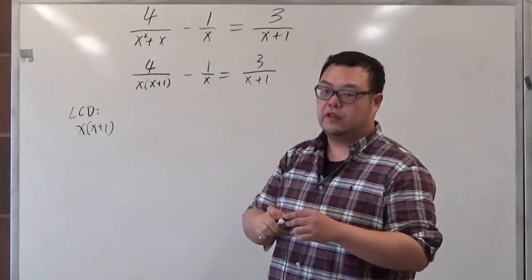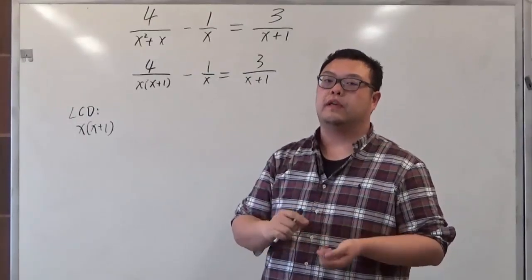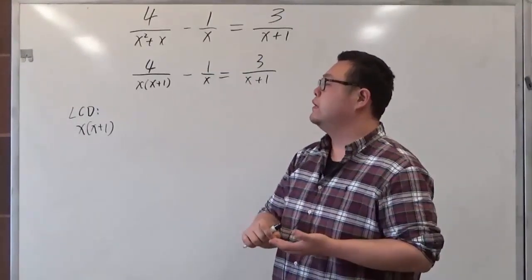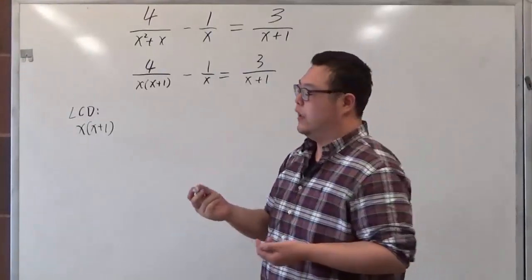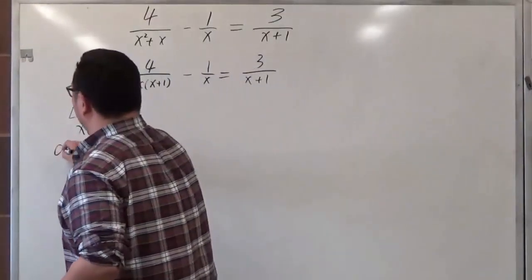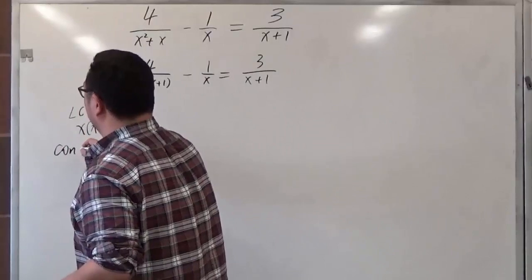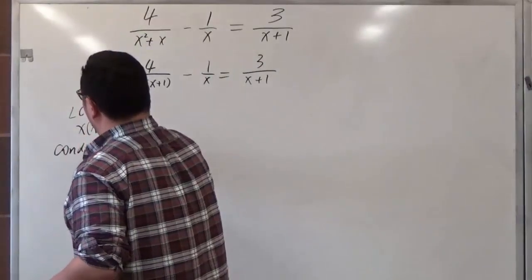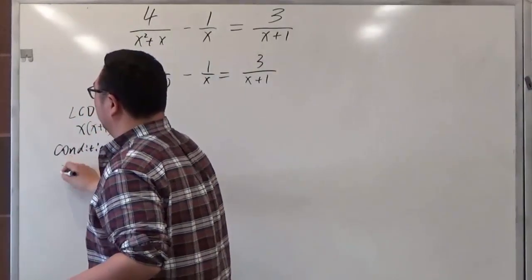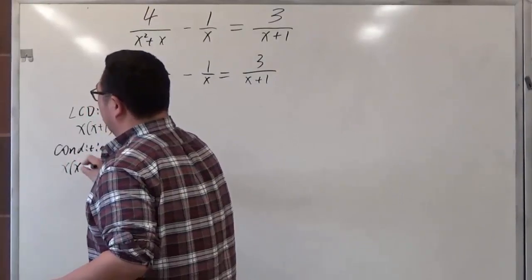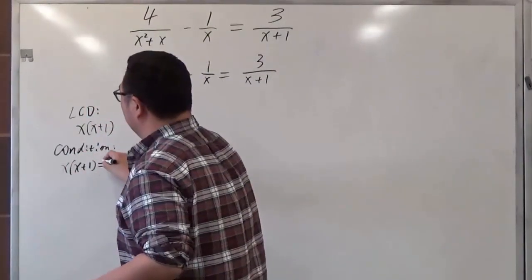That will make all the denominators disappear, but when we do that, the only thing we need to be careful about is the condition. Before we multiply, whatever we multiply the equation by should not be equal to 0.